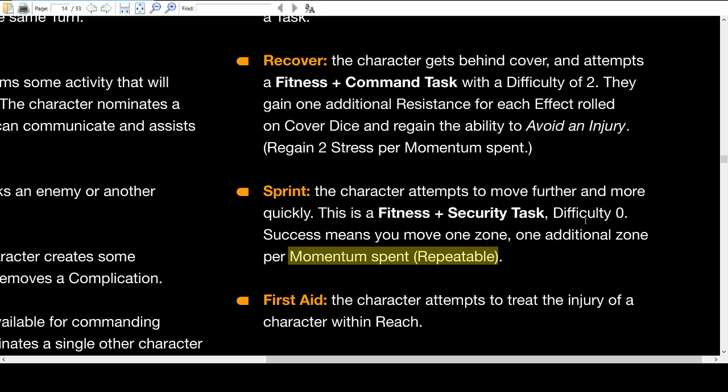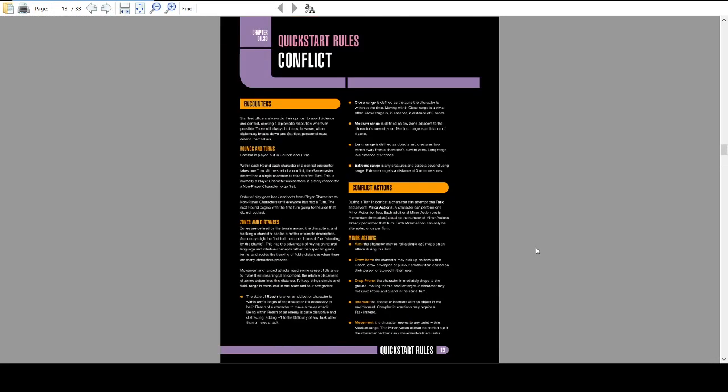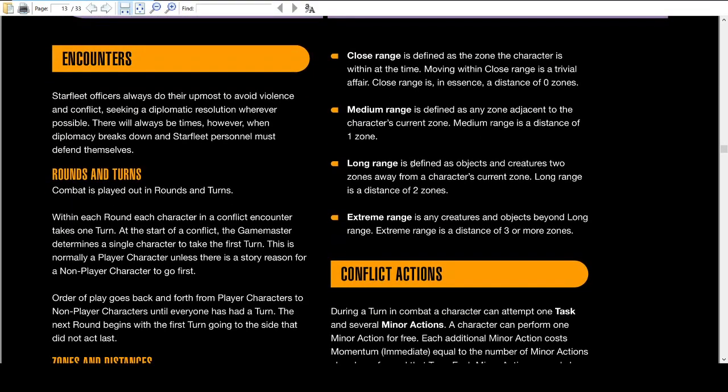Because if they do fail and do not generate any successes while using the sprint task, which is a fitness plus security, they would still get to move at least up to medium zone. The gamble here is trying to move beyond medium zone to long, and I believe extreme. So the maximum benefit is trying to generate 2 successes to get as far as they possibly can.